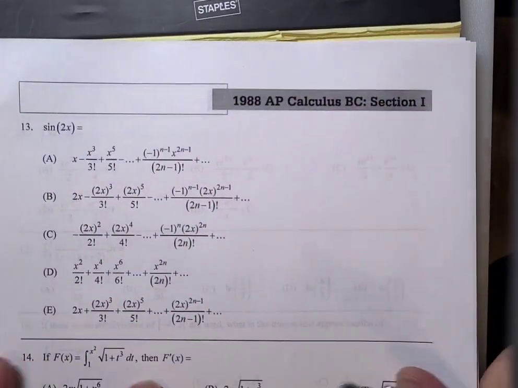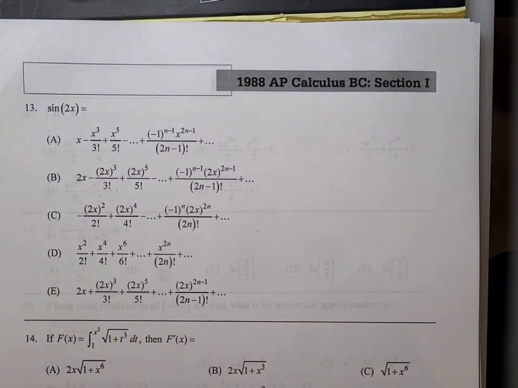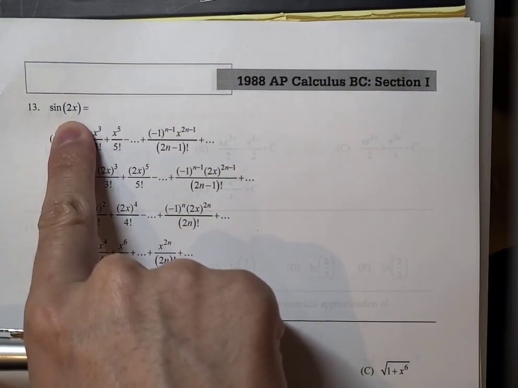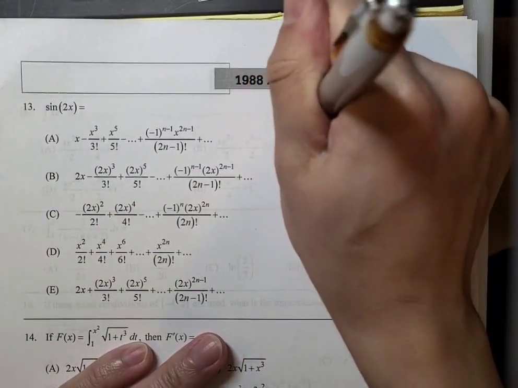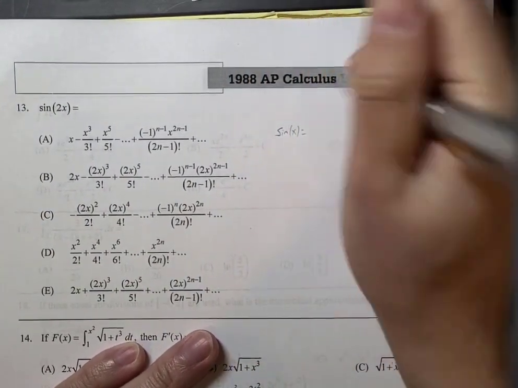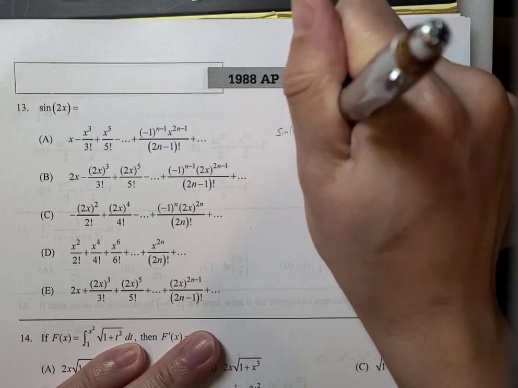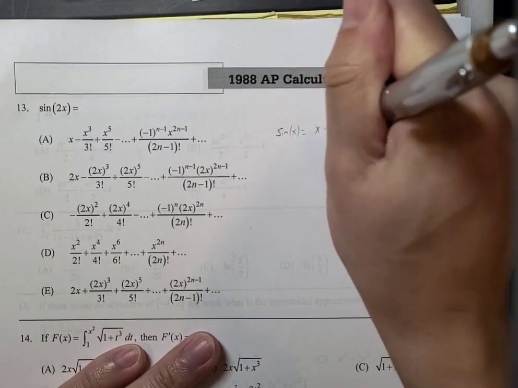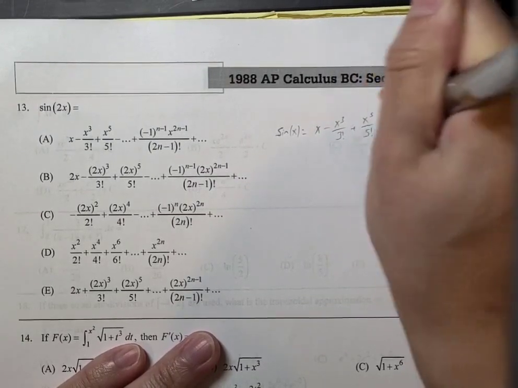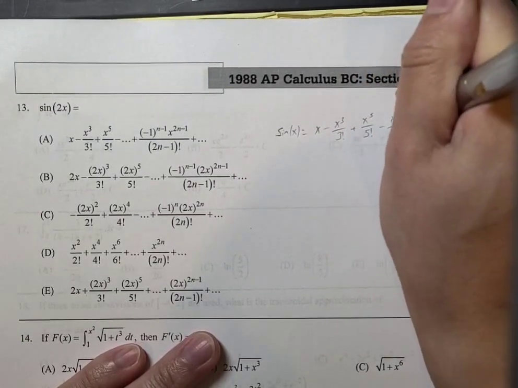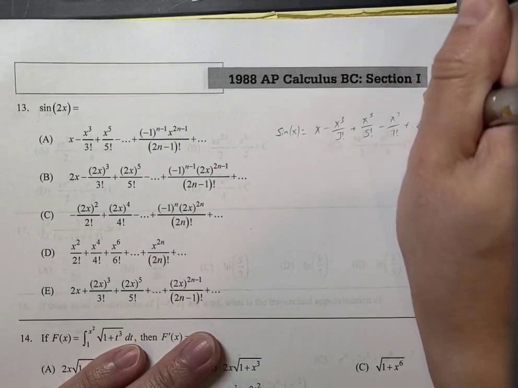All right, here we have sine of 2x is the following series. So what's the Taylor series for sine x? We know that, you should memorize this, that's x minus x cubed over 3 factorial plus x to the 5th over 5 factorial minus x to the 7th over 7 factorial, and so on and so forth.